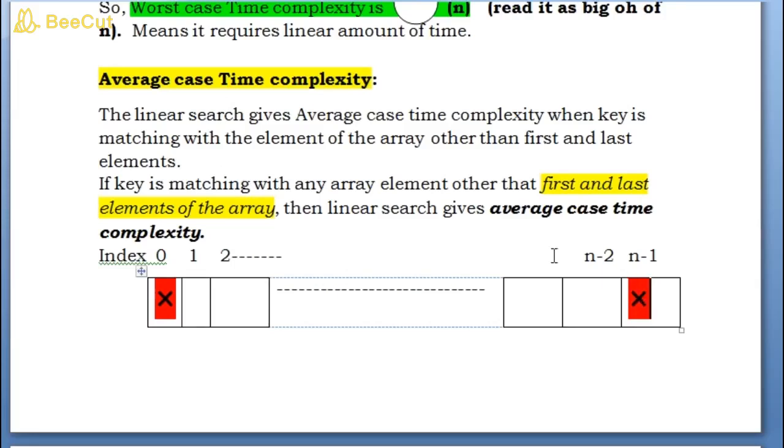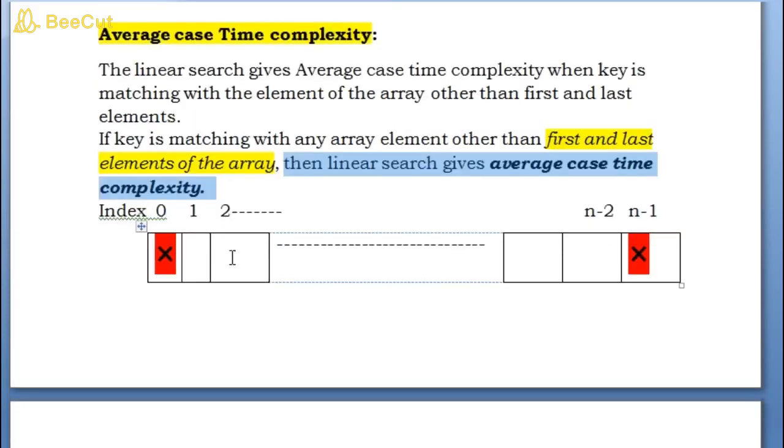So in the average case, if the key is matching other than the first and last elements of the array, that is the situation of the average case. See here, if the key is matching with any array element other than the first and last element of the array, then the linear search gives average case time complexity.